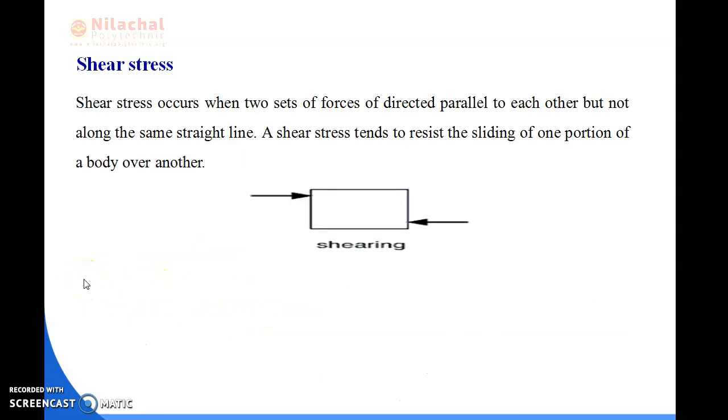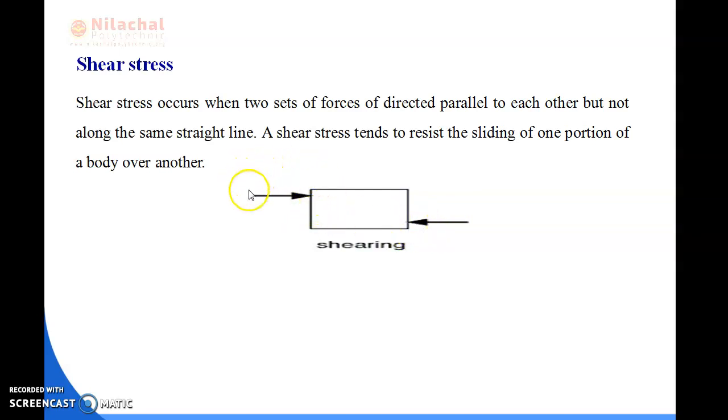Next is shear stress. What do you mean by shear stress? You can see here a body with two equal and opposite pushes, but the place where the force is applied is different compared to compressive stress. At one side the force is applied at one corner, and in the opposite side the force is also pushing in nature, but applied in the opposite direction.